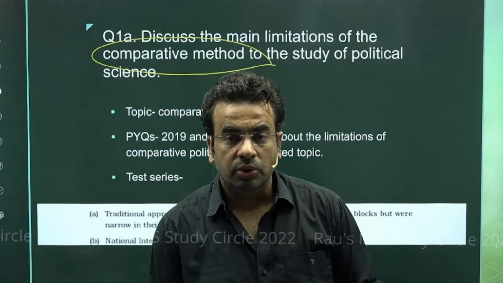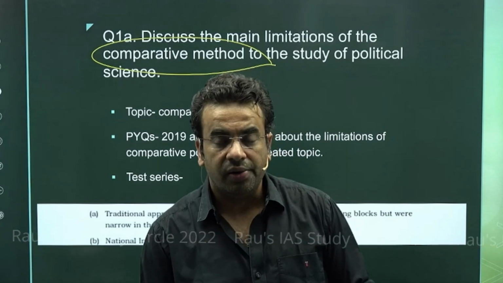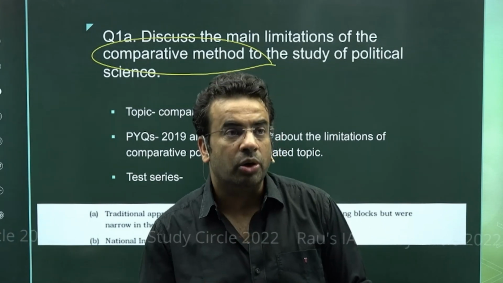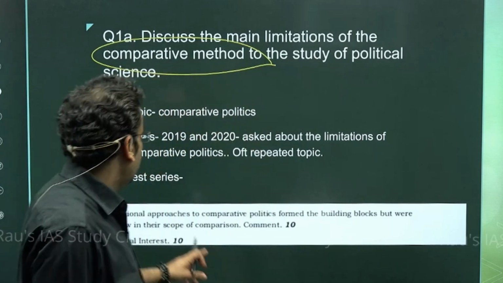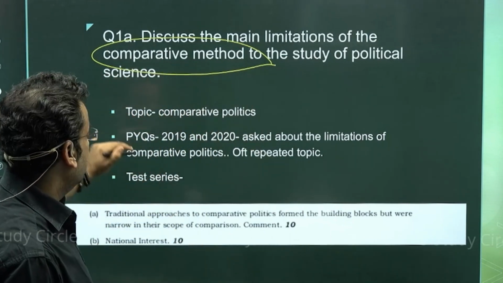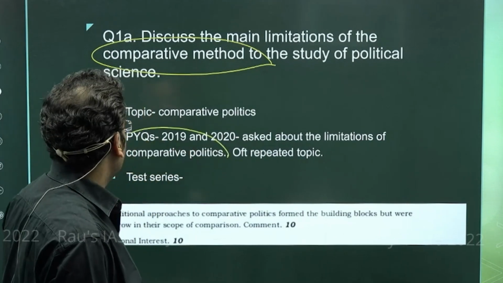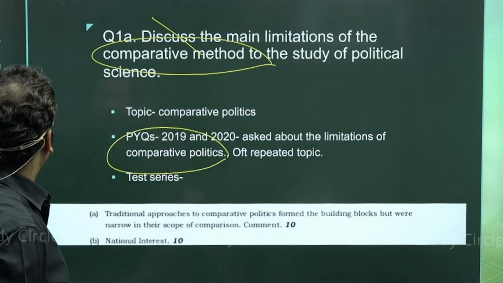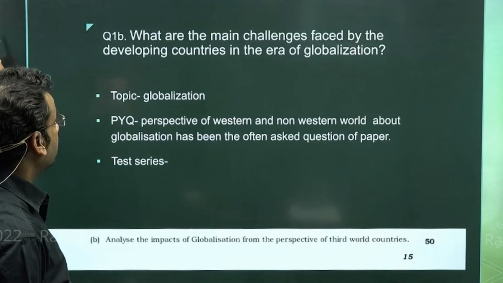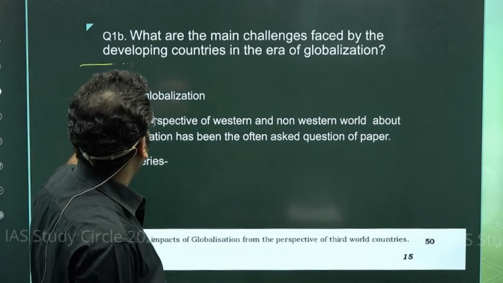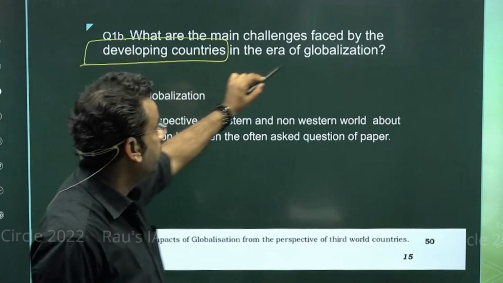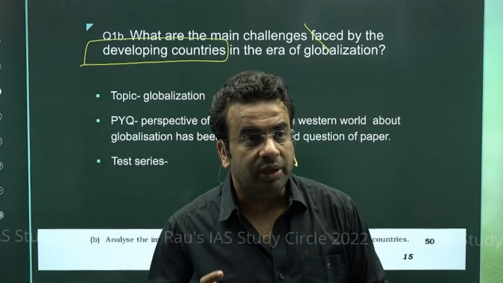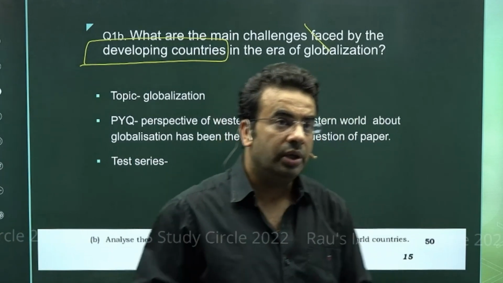So what is comparative politics? We understand the difference between traditional and modern comparative politics, traditional approaches and modern approaches. But what are the limitations of comparative method? Here, limitations of comparative politics, here limitations of comparative method. Again, main challenges faced by the developing countries in the era of globalization. This question is near about the same as the problems being faced by neoliberalism today.